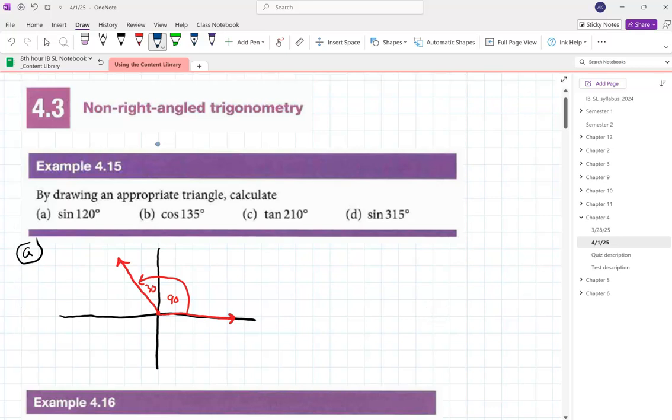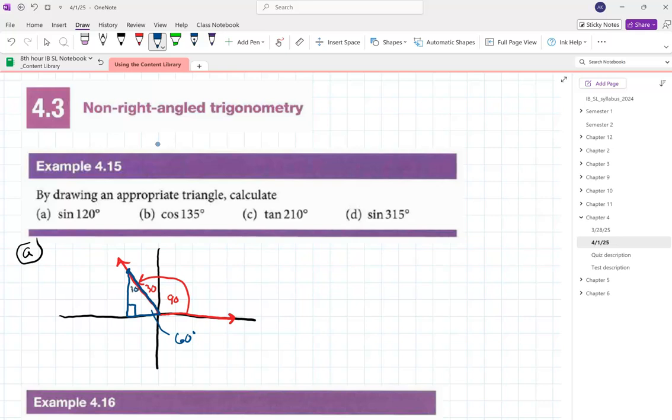Yeah. So now if I make a triangle to the x-axis, that makes a right triangle, correct? Yeah. That's 60 degrees right there. That is 60 degrees right there. 90.